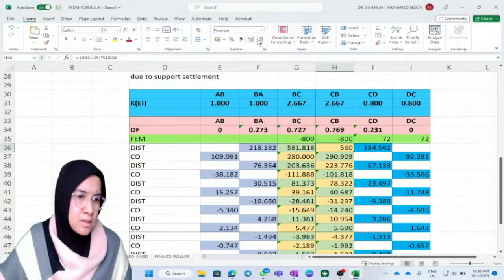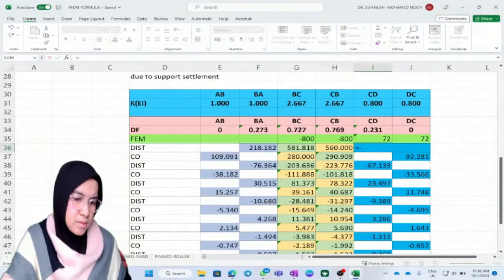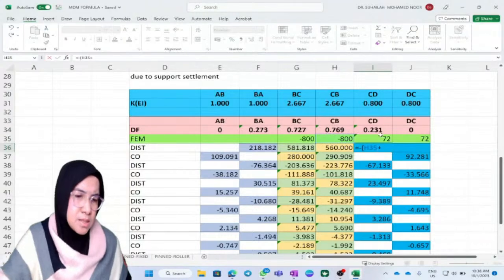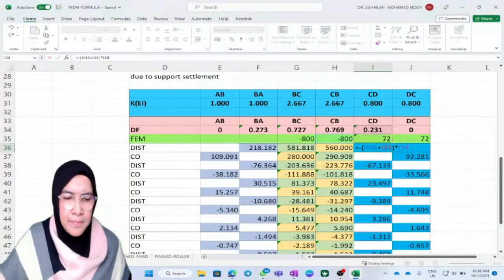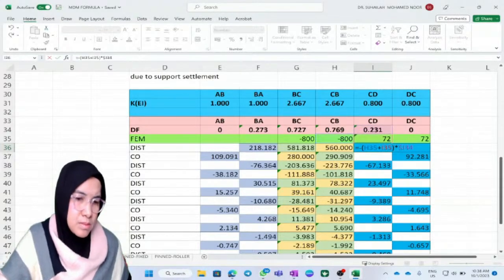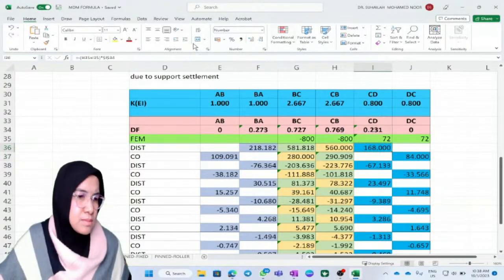Okay, double check. So what do we get? Negative 800 for CB plus 72 times factor 0.231, we get 168.